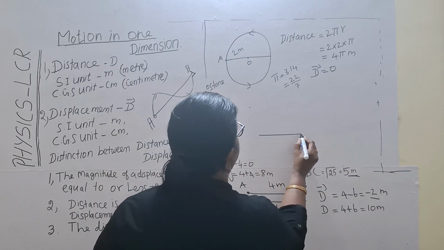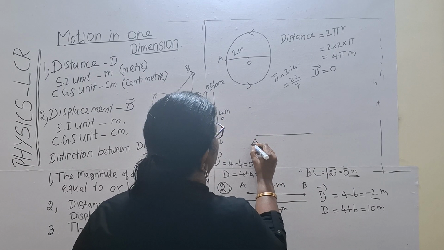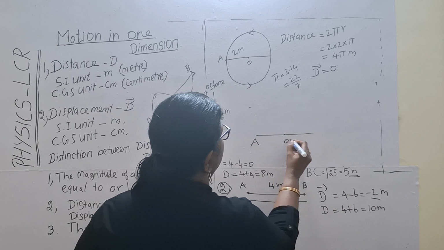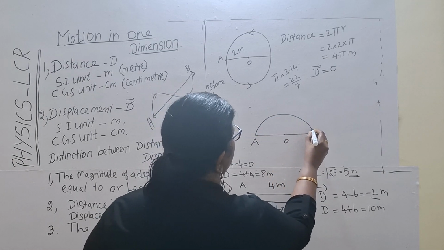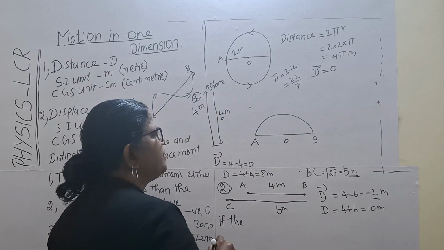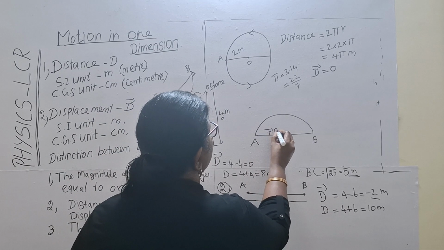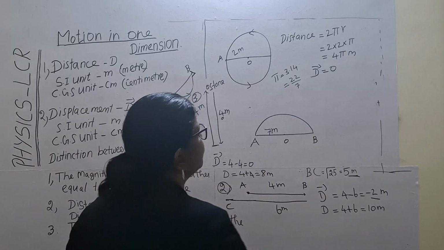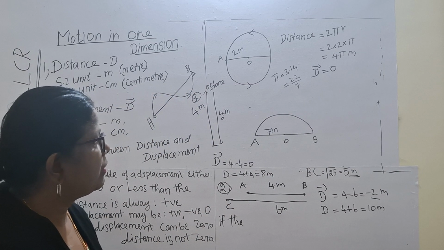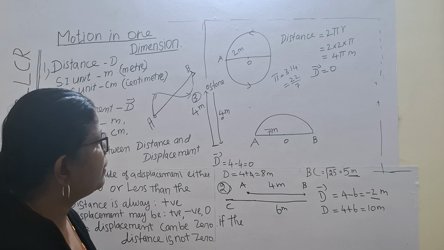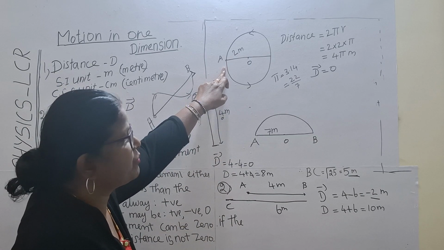Semicircle we are taking. Here also this is 7 meter, A to O. Here, actually, the shortest distance in this diagram is the circular path.